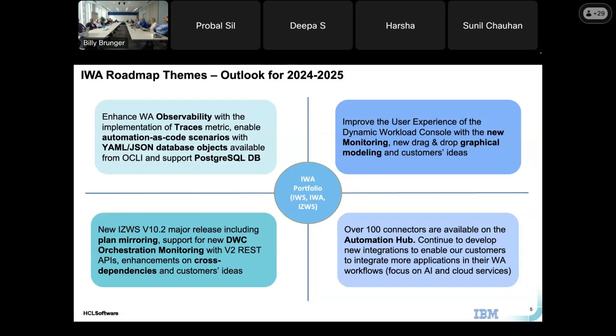Right now, we support OpenAI and MyBios, and we want to integrate also with Watson X and perhaps other services. So we are enlarging the number of possibilities in that area.